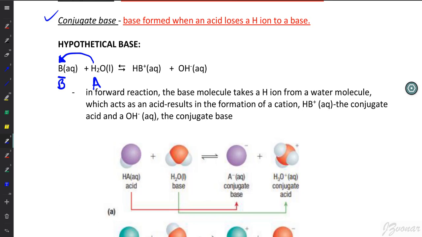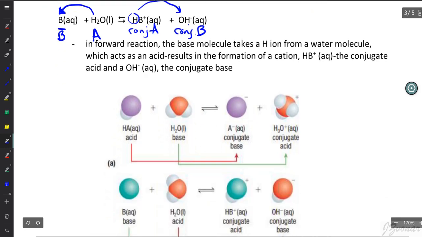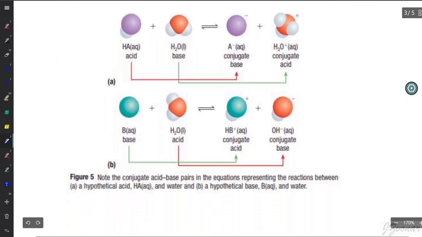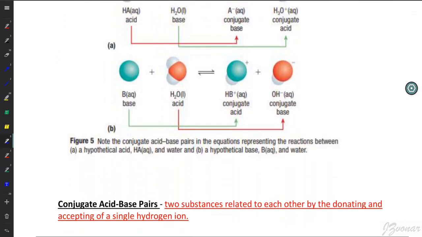Now for the reverse reaction, the BH plus, this is what's donating the hydrogen here, so therefore this is my conjugate acid, hence this is my conjugate base, because it's acting as a base. So this just gives you a pictorial diagram of both situations.